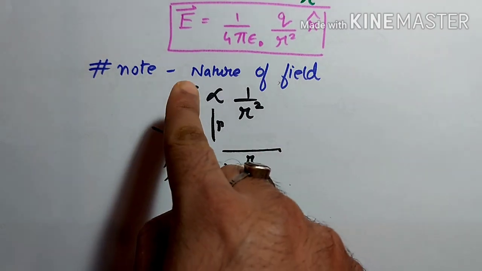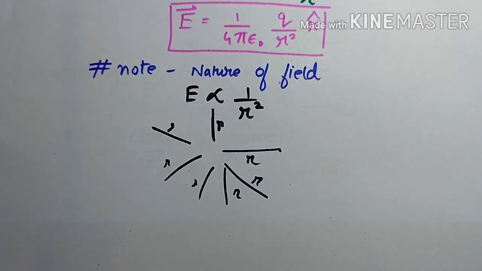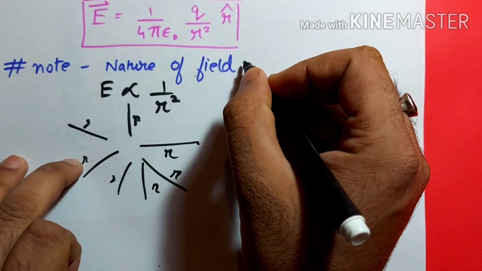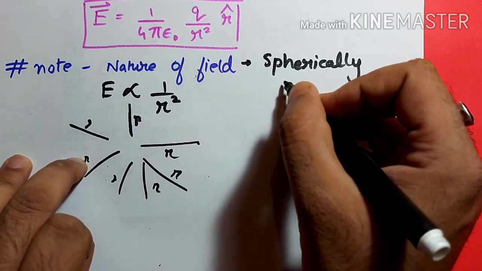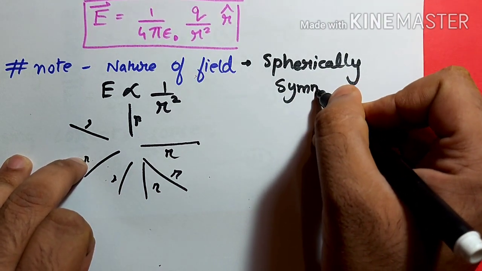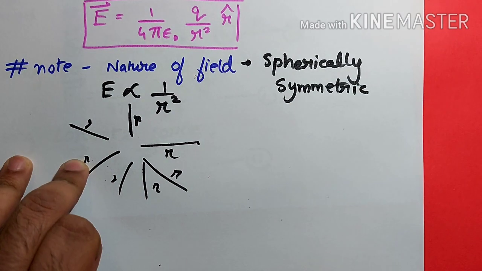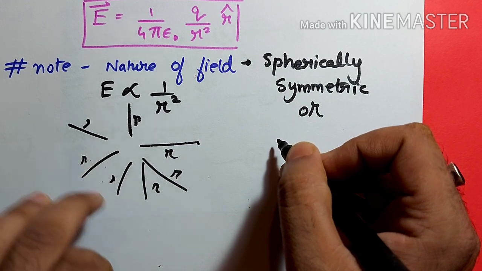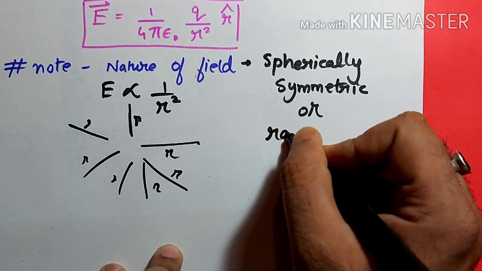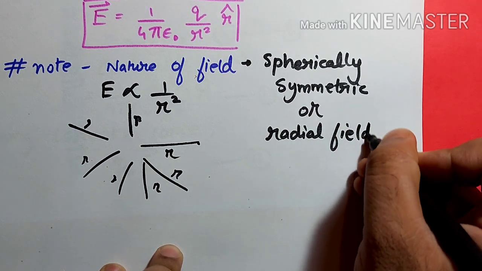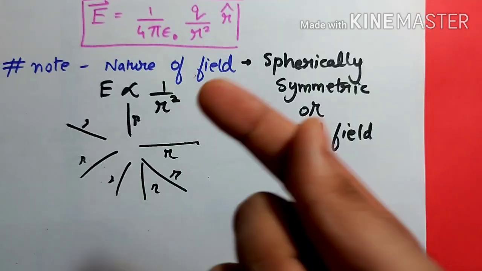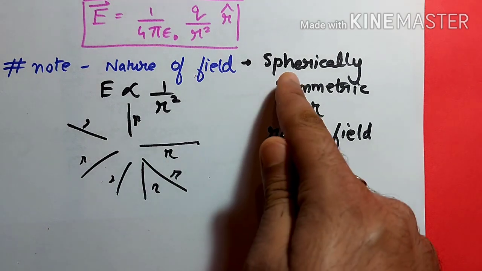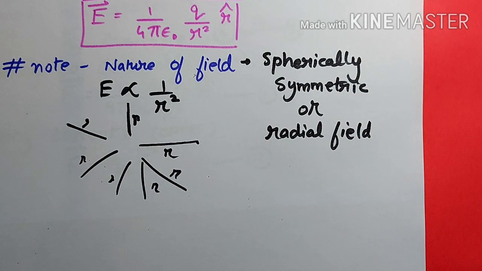Hence, the nature of field developed by a point charge is a sphere, or we can say the nature of field is spherically symmetric, or we have another term for this, that it is known as radial field.